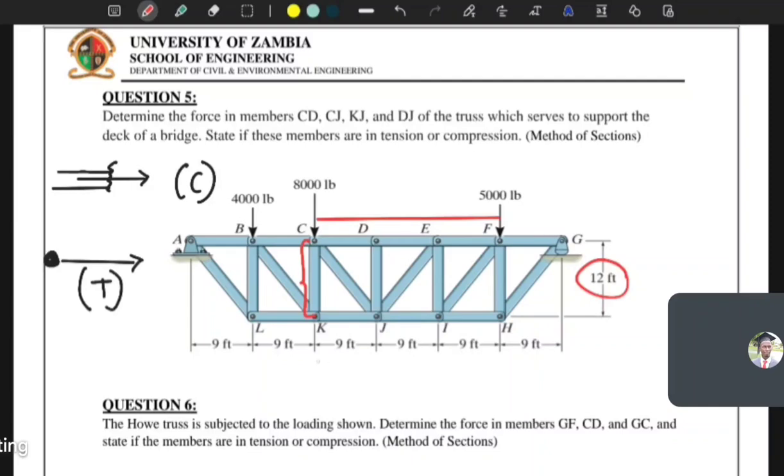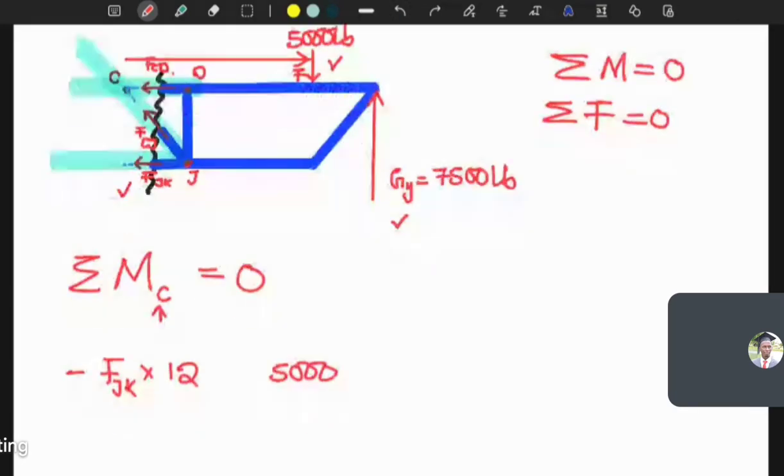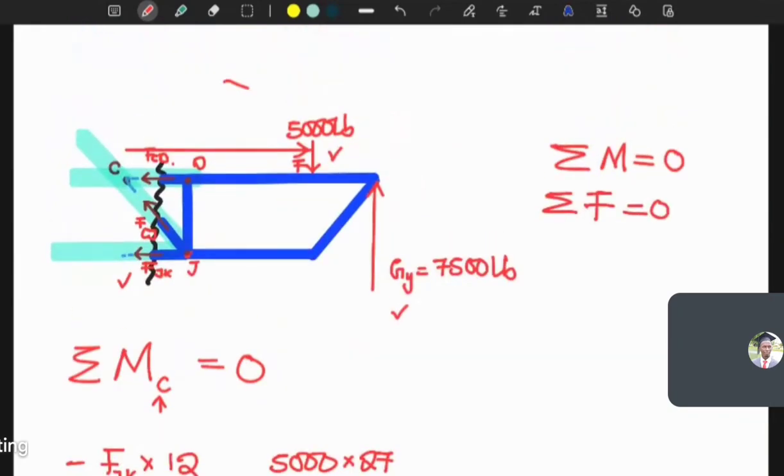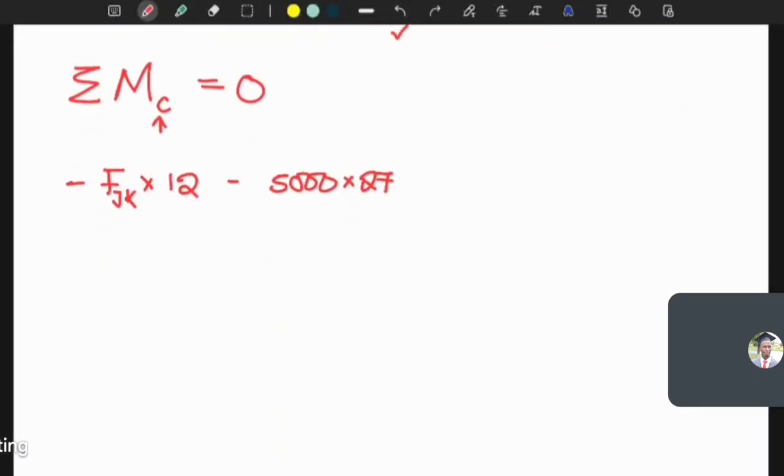So that is 9 plus 9 plus 9, 27. So we have times 27. Is it clockwise or anti-clockwise? About point C, you have to see that this will also be causing a clockwise rotation. So also negative.